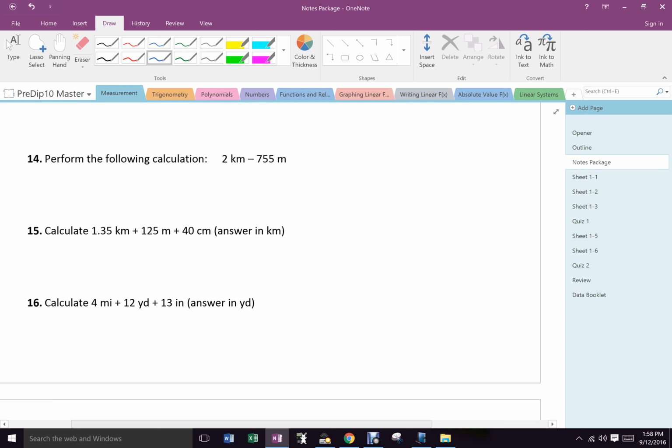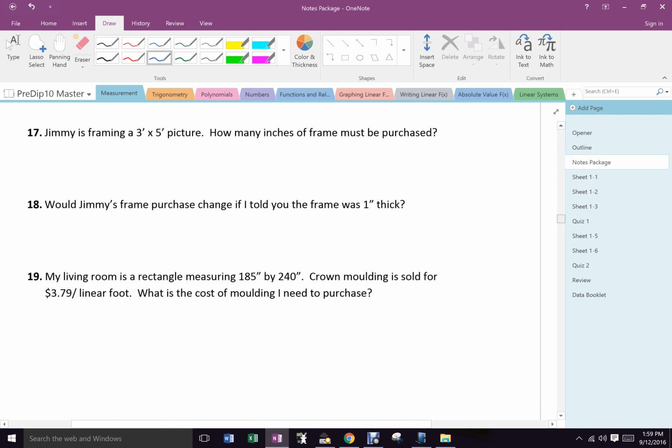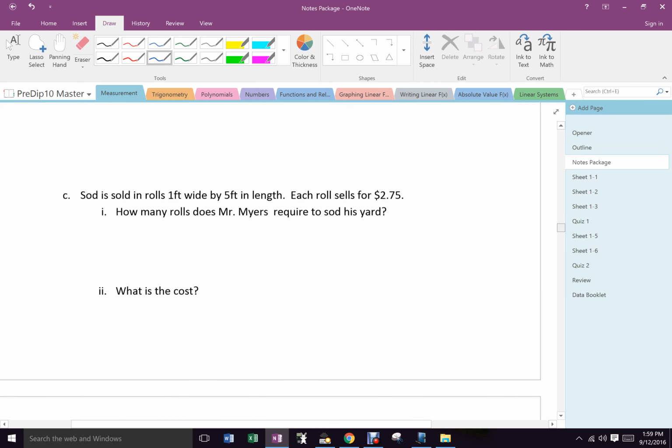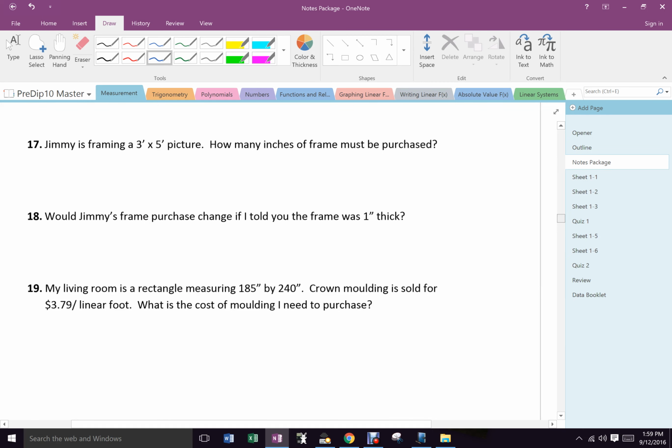Use your calculators if you need to. I'm going to write the right answers on here. You're going to check if they work, if you're doing it right. Cool? The next page has some thinking involved. You're probably going to want to talk to your neighbors about 17, 18, 19, and 20. That one you can work on together.